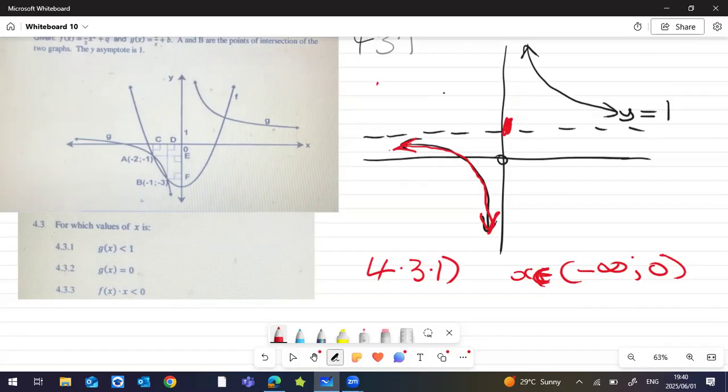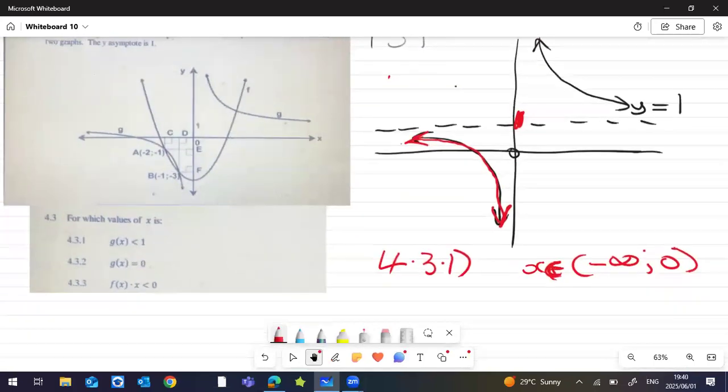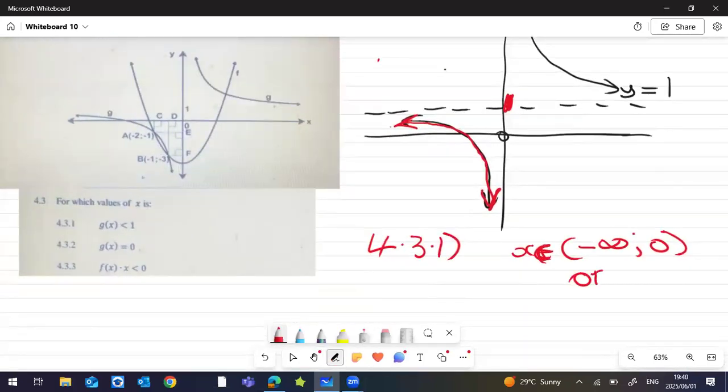So that is 4.3.1. Then the next one is 4.3.2. I can still write it using inequalities: when x is greater than minus infinity but less than 0, between minus infinity and 0, the hyperbola is below 1.